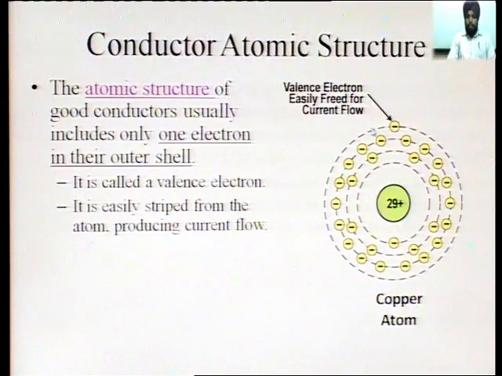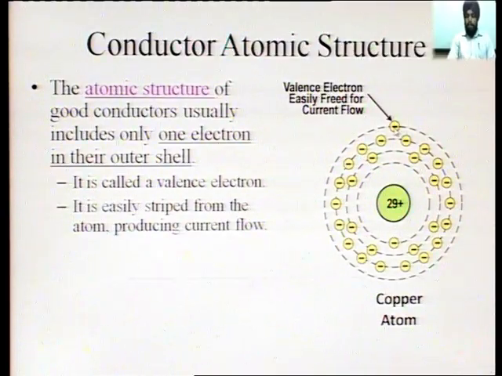So, the last orbit or last shell is known as the valence orbit, and the electron in the last orbit is known as the valence electron. The valence electron can be easily freed from the atom.